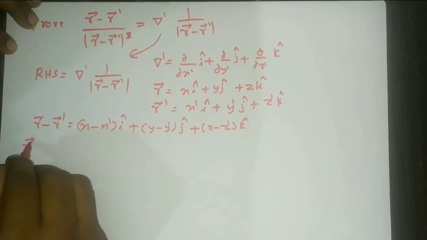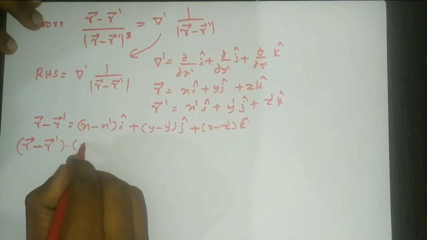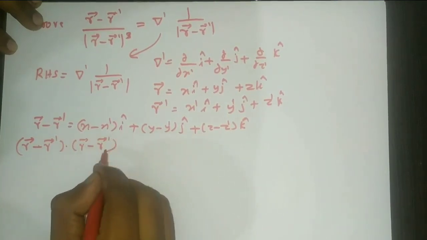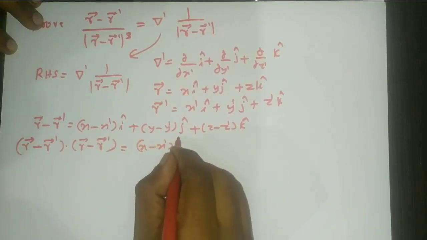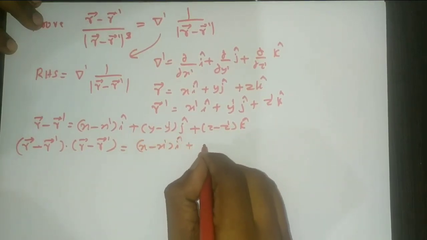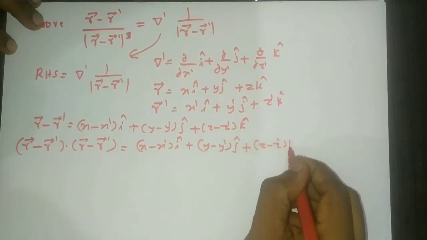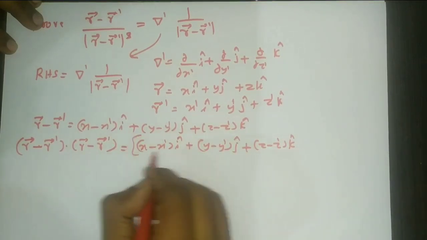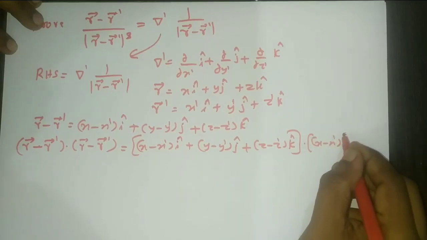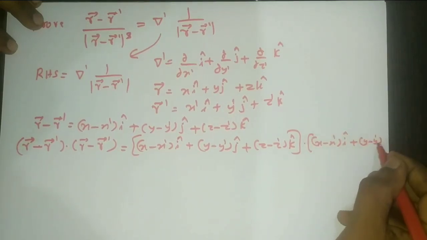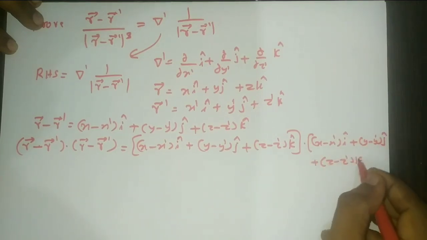If I take the dot product of r minus r prime with r minus r prime, that is (x minus x prime) i cap plus (y minus y prime) j cap plus (z minus z prime) k cap, once again the same.